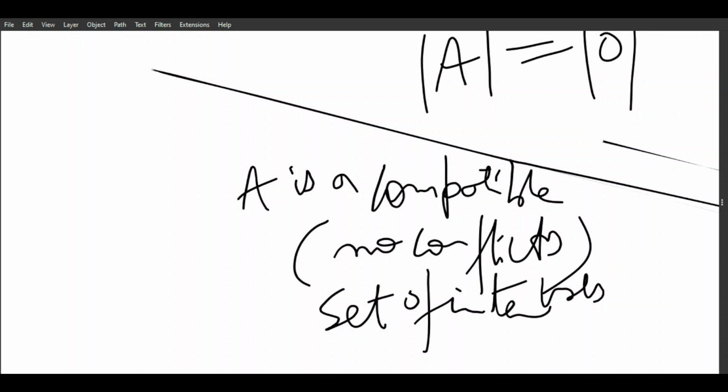So at the end the set we get does not have any conflicts. So this is our first observation.